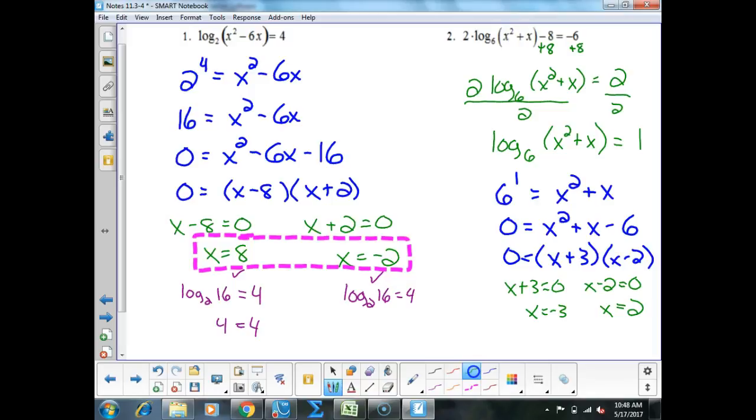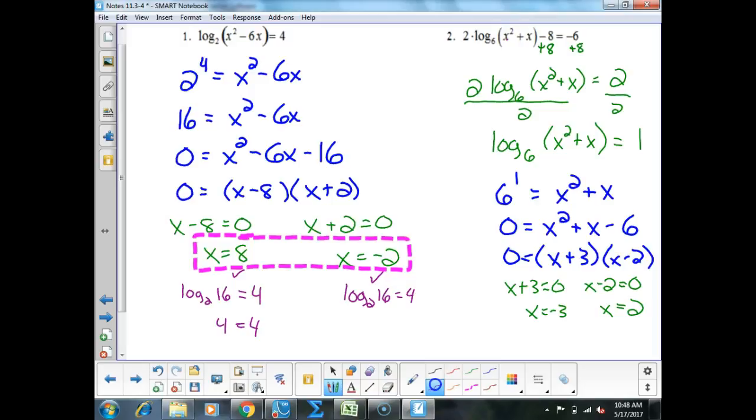Plug them in, okay? So, negative 3 squared is 9 plus negative 3, 6. So that gives me log base 6 of 6. That's what? That's 1 times 2. 2 minus 8, negative 6.